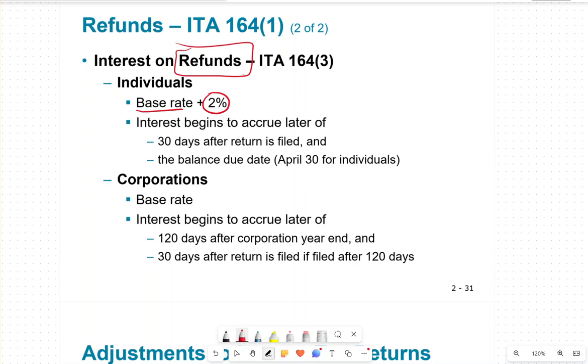Interest begins to accrue at the later of 30 days after the return is filed and the balance due date, which is April 30th. After the 30 days, you get the interest from them. You can generate some interest from CRA too, but it's not as much as they take from us.